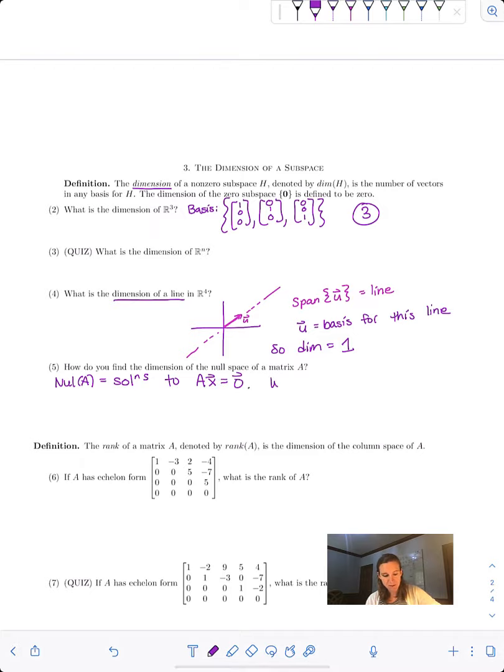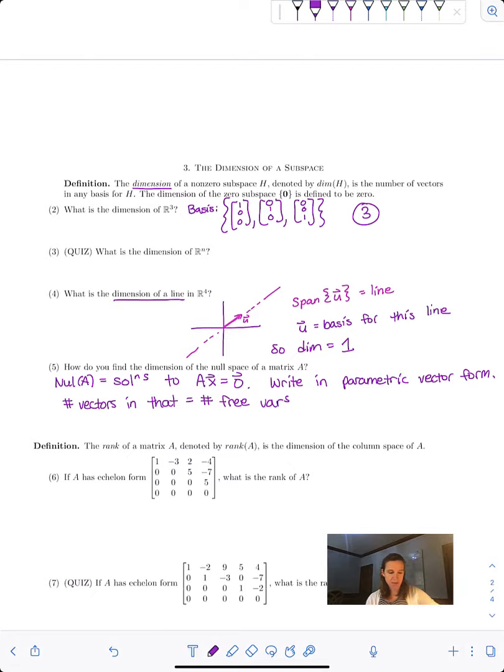And so typically we write it in parametric vector form, and we're looking at the span of those vectors. And so the number of vectors in that is equal to the number of free variables.